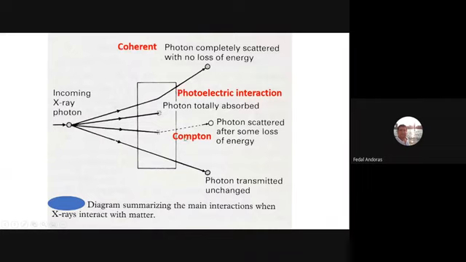The third one is Compton: the photon is scattered after some loss of energy. There is some absorption, some ionizing radiation, and some scattering. And the last one, coherent, is where the photon is totally scattered with no loss of energy. So these are the four main things that happen when X-ray hits matter.